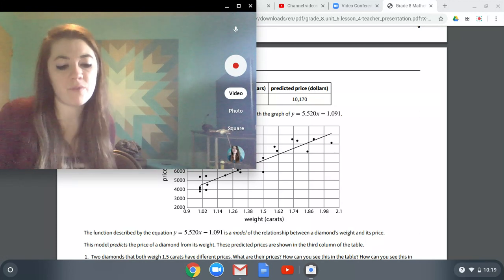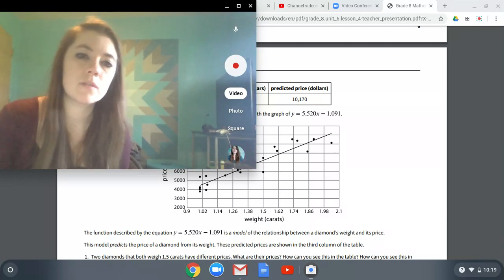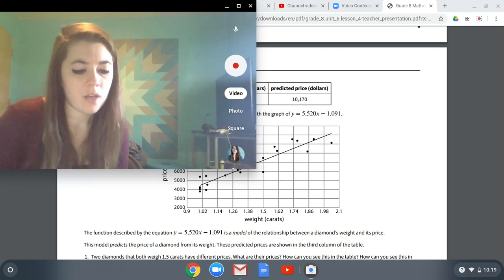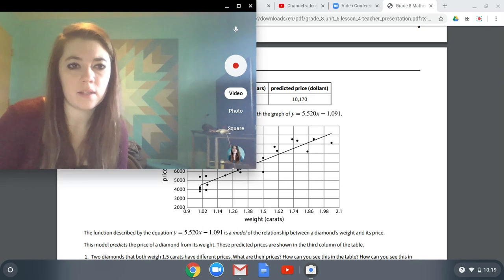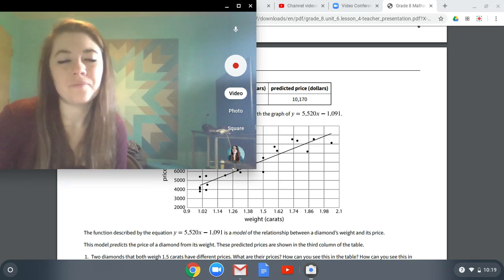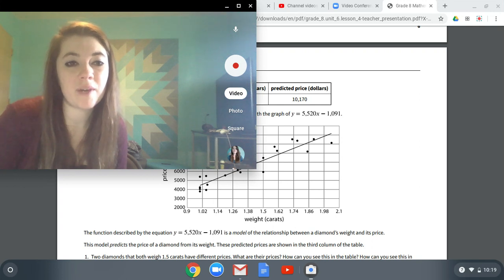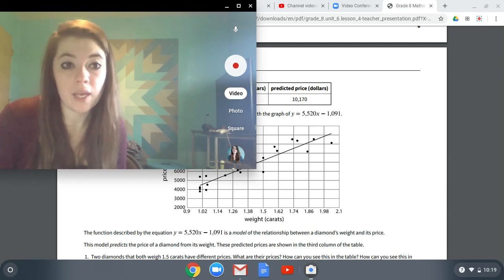So with a line of best fit, you want most of your points to be as close as possible to it. Remember, we've talked about this some, or we'll talk about this. I did the videos out of order this week, so a little backwards. But keep in mind the line of best fit is going to best represent that data. So it should be as close as possible to all the points while still being an actual line.